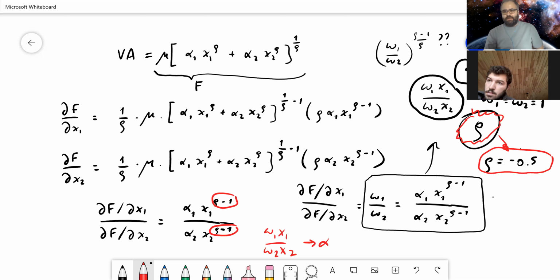You're going to look at the literature. You're going to look at micro evidence about the firms. If you knew the elasticity of substitution, then you can solve rho from this equation. So if you have sigma, you can come up with some rho, and then you find alpha 1 and alpha 2.